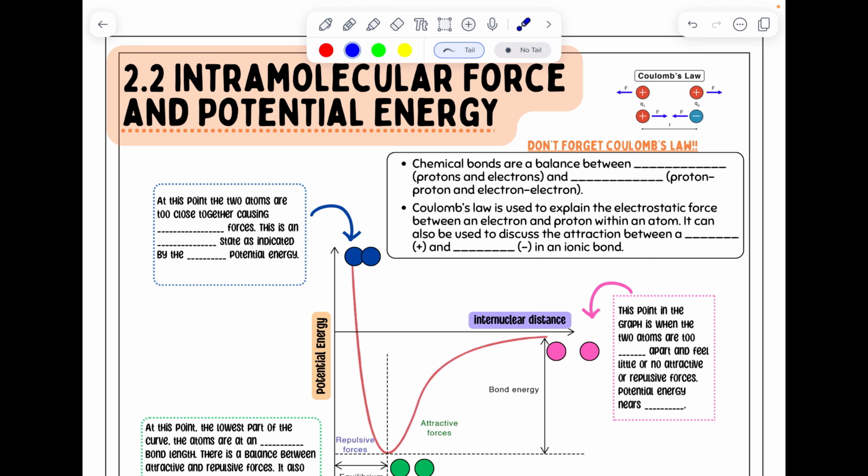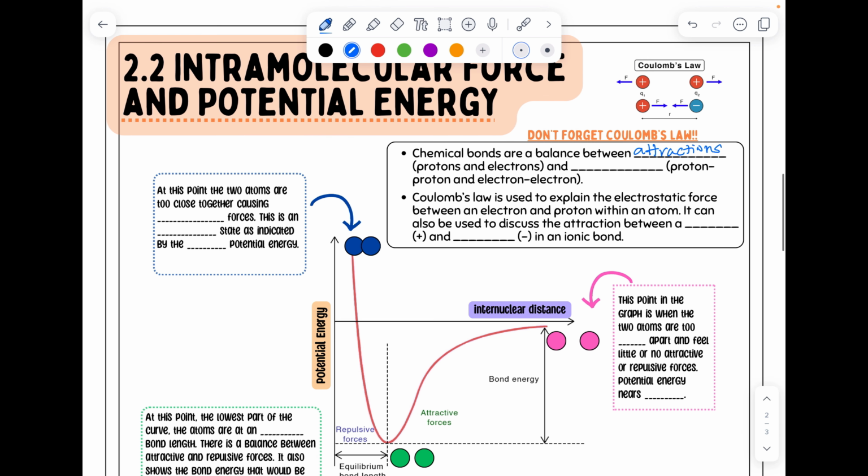So chemical bonds are a balance between attractions between our protons and our electrons, and repulsions. So those are our repulsive forces between two protons or two electrons.